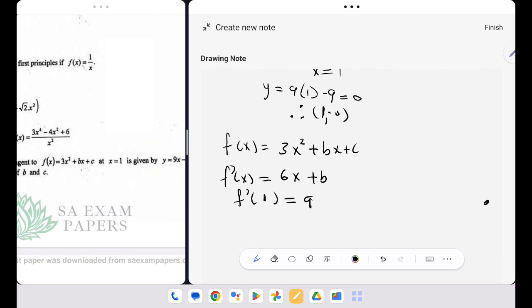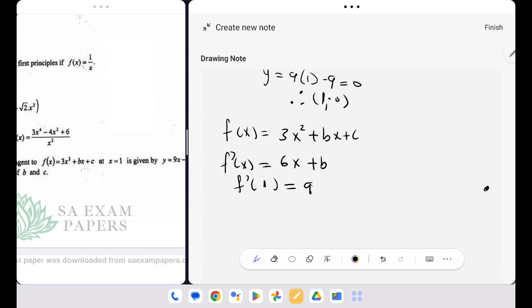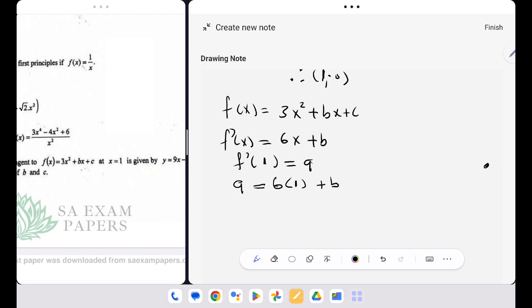So that means for me to continue working on the derivative, I can only substitute x as my independent variable, or as my x value. So I now know that the value of b will be equal to 9 minus 6, which is equal to 3.